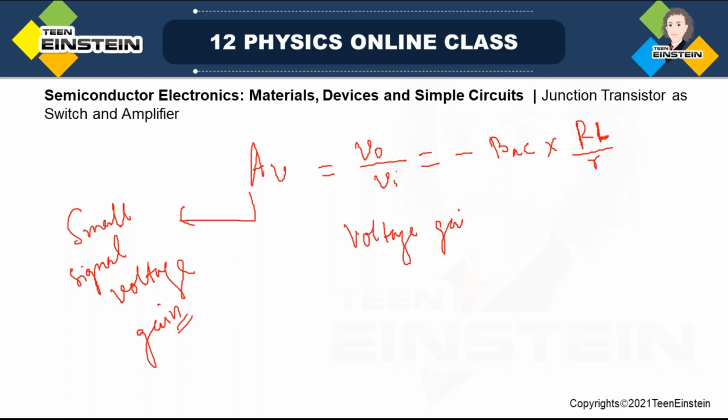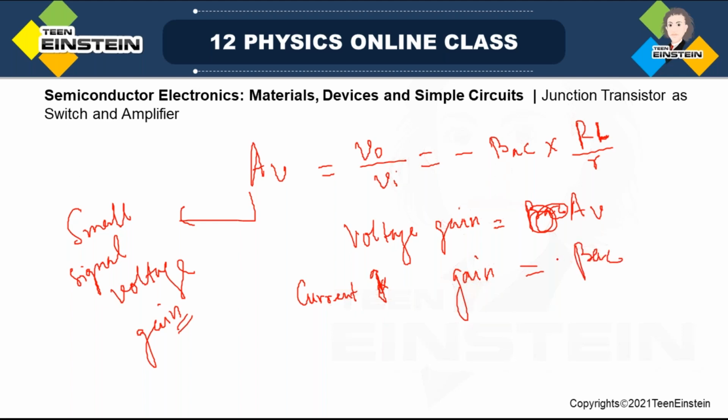So now we have got the voltage gain, AV. We have got the current gain, beta AC.